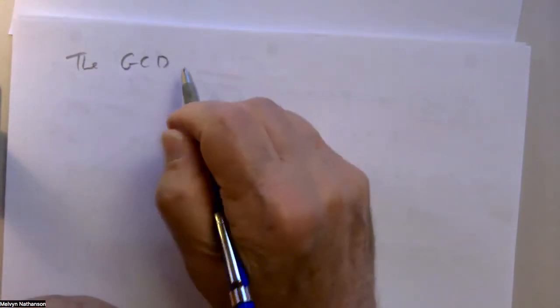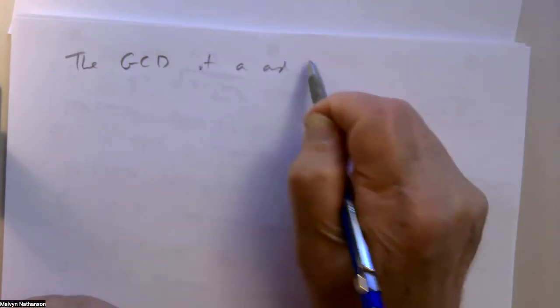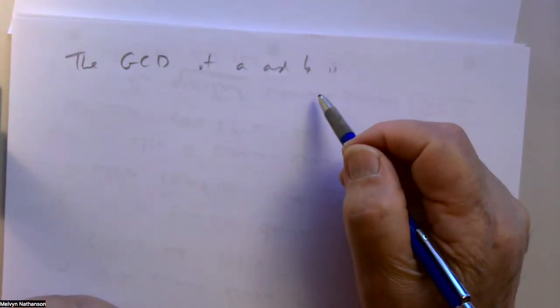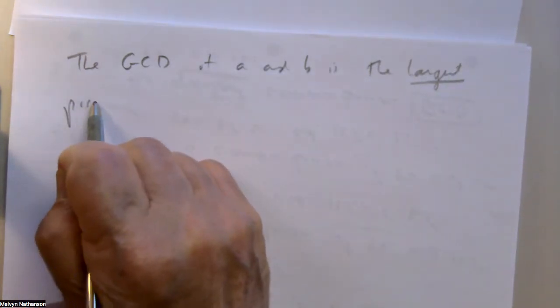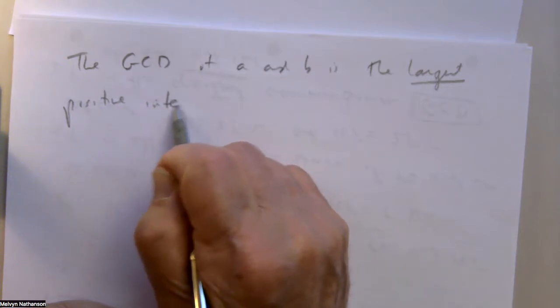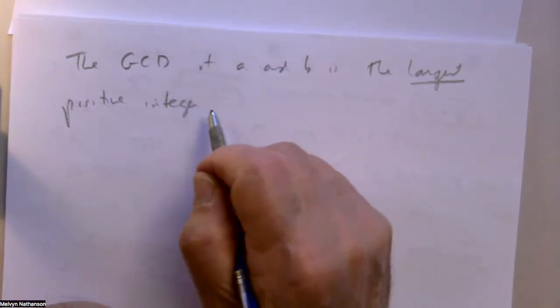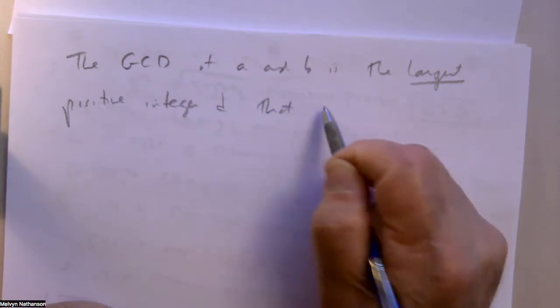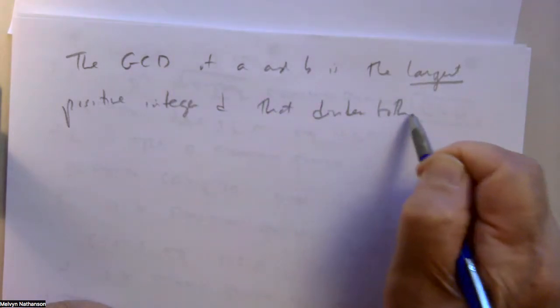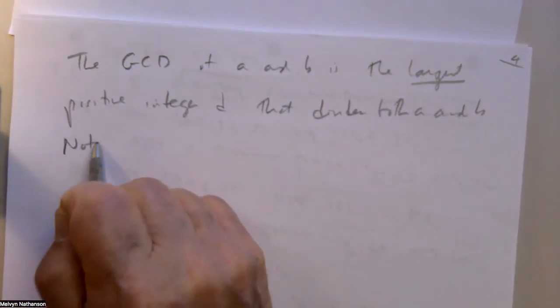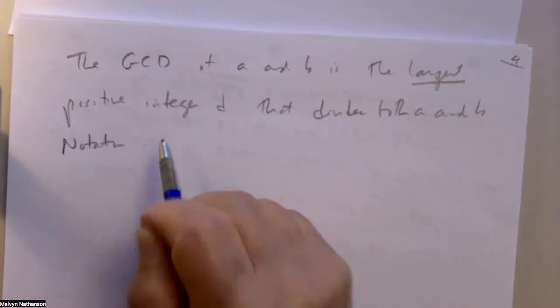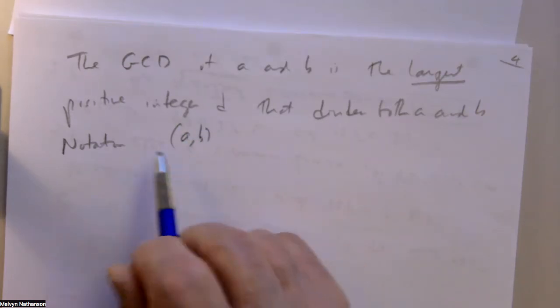And so the definition of greatest common divisor, the GCD of two integers A and B, is the largest positive integer D that divides both A and B. And the notation for the GCD of A and B is written A comma B in parentheses.